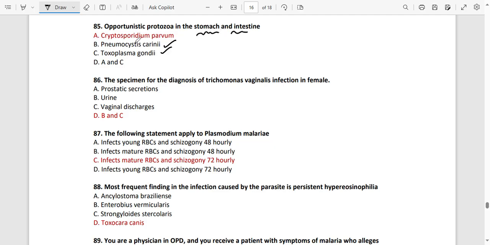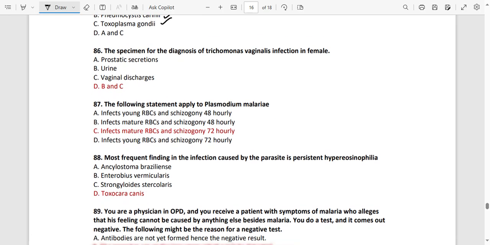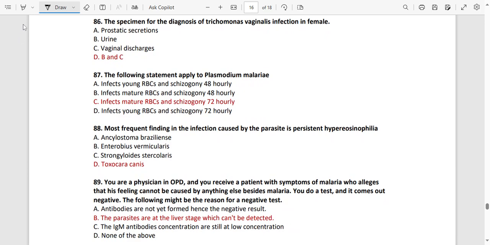We get this guy, of course, from the cats and those things. Cryptosporidium parvum is really opportunistic, and it's of this GIT. I think we've described it a bit, causing the malabsorption syndrome and such.